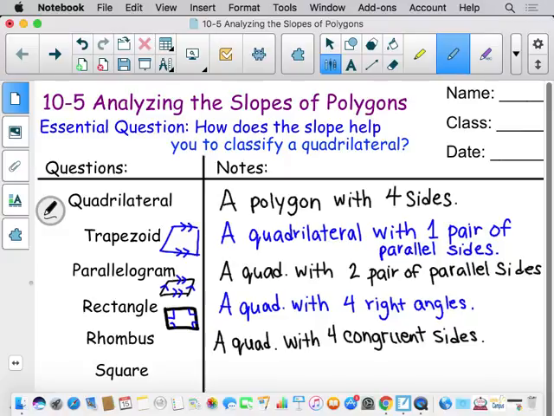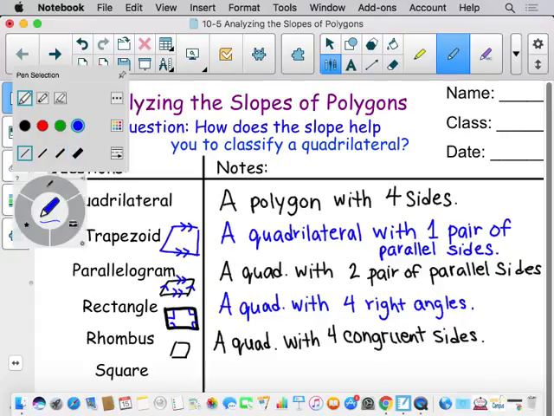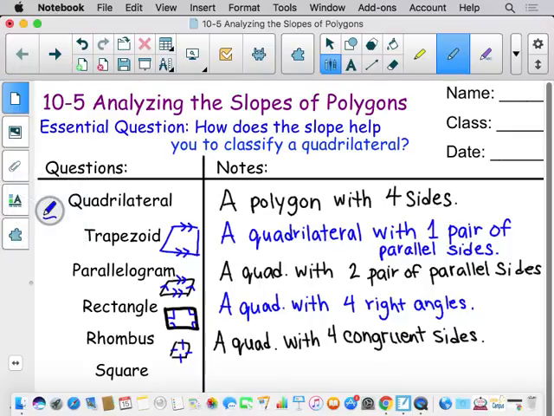So four congruent sides means that it kind of looks like a parallelogram sometimes, only the sides are all the same length. So it looks similar to a parallelogram, but the sides are like the sides on a square. You might think of it as a diamond shape also.